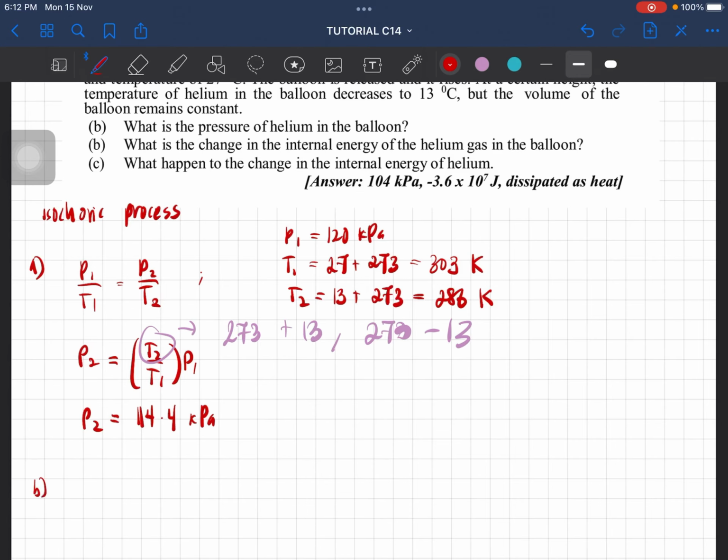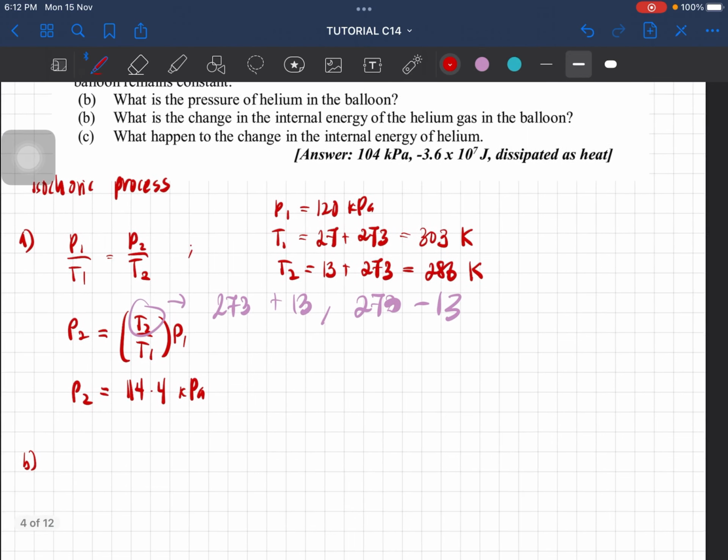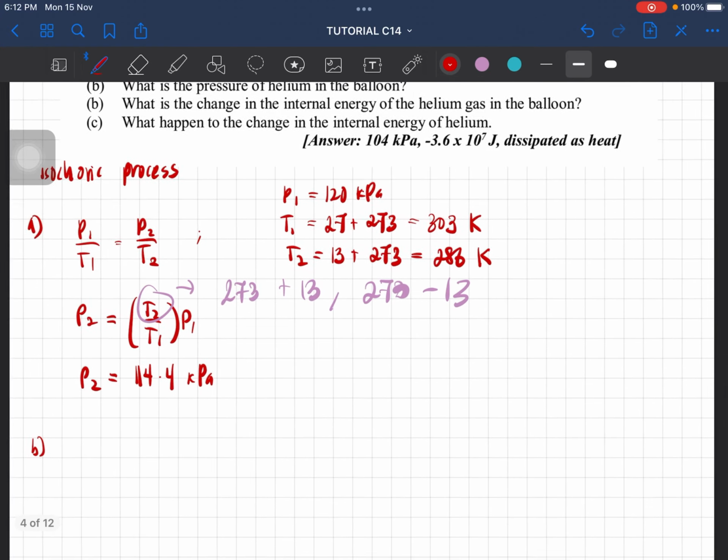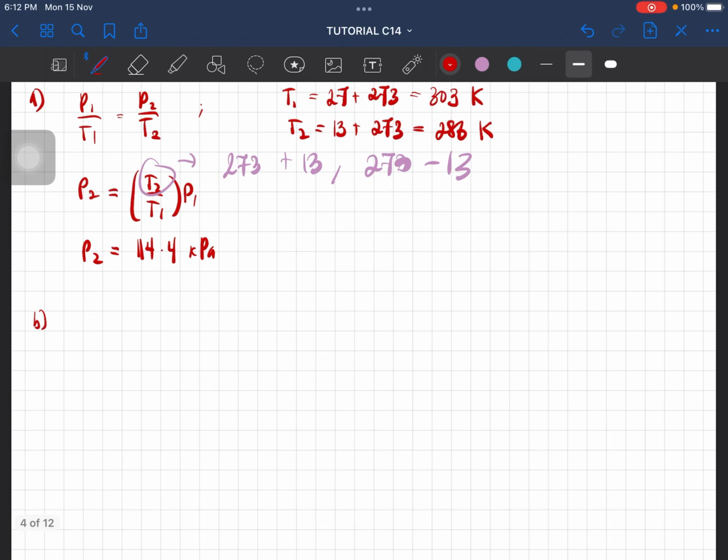And then what is the change in internal energy of the helium gas? We are gonna use delta U equal to F over 2 nRT. Okay, which in this case for isobaric, isochoric, it is equal to delta U. Actually, I don't remember.